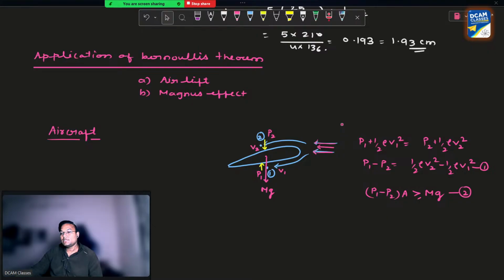By using the velocity. P1 will be greater than P2 only when V2 is greater than V1. How do they do it? This back portion is actually movable. It can shift up and deflect down. When it has been deflected down like this, the velocity of the air that's coming goes like this.